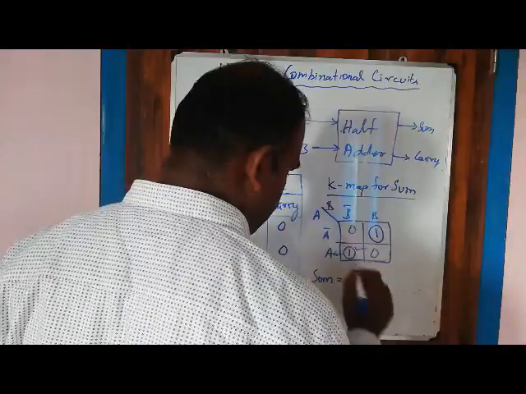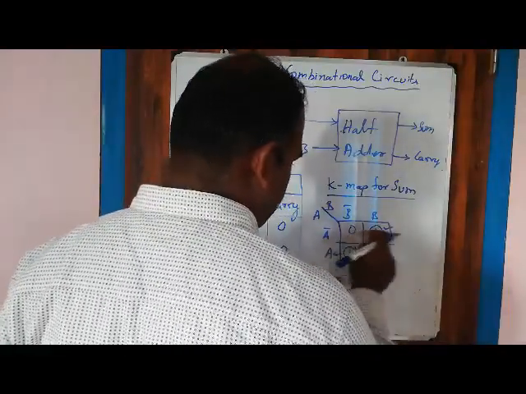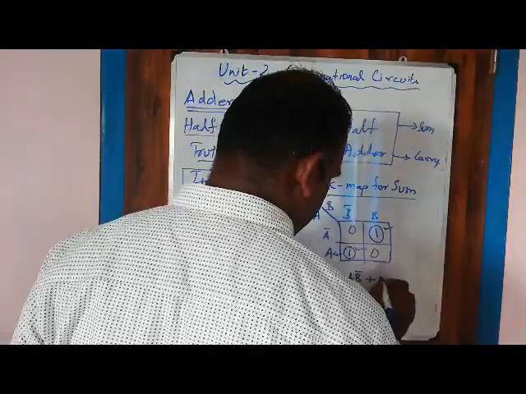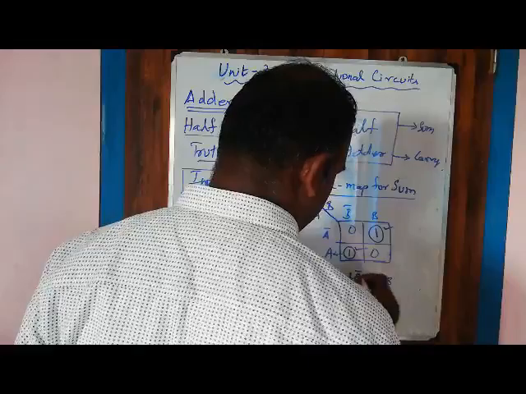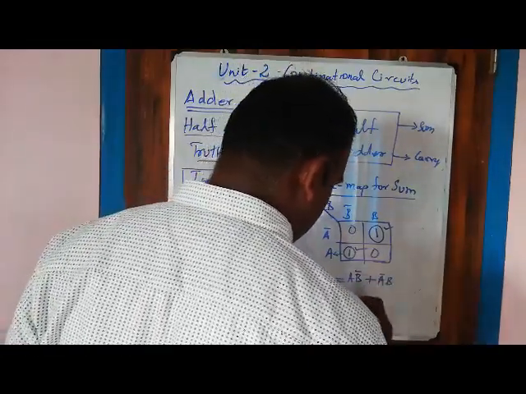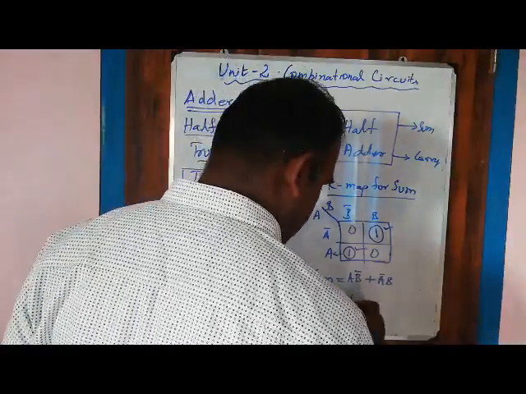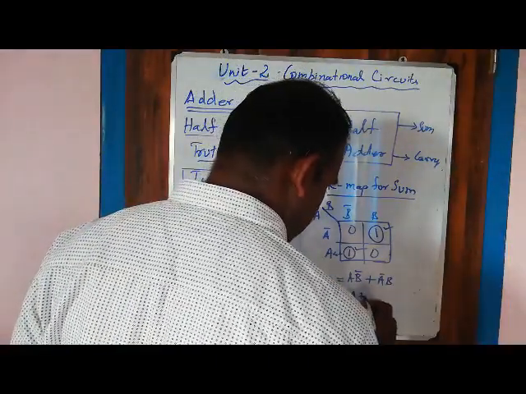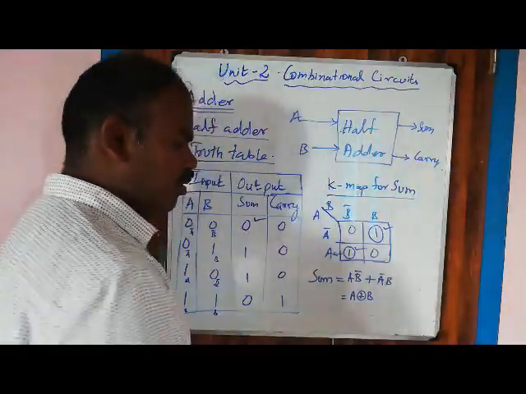Similarly, for this one, corresponding row we are having A bar and corresponding column we are having B. So actually this equation is the XOR gate output.